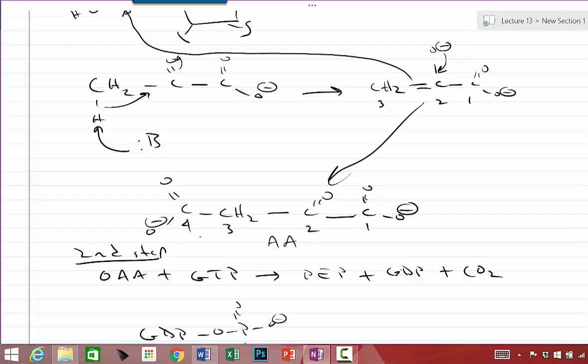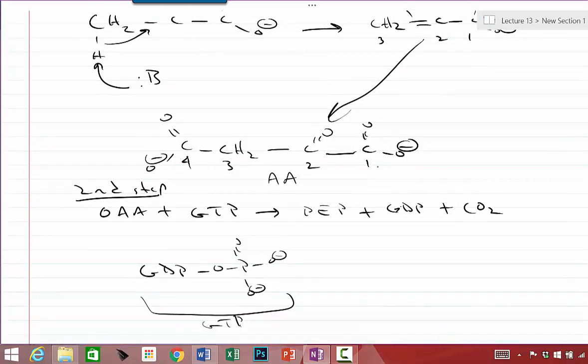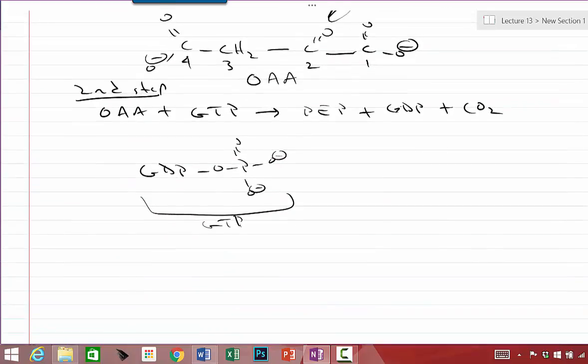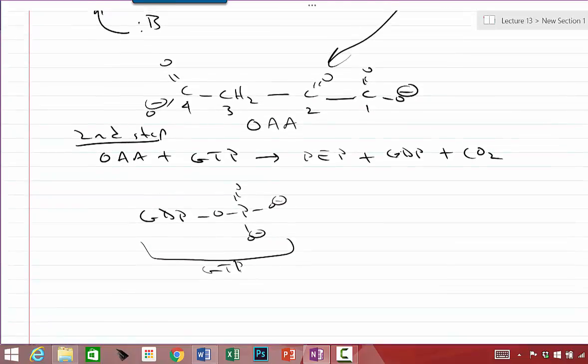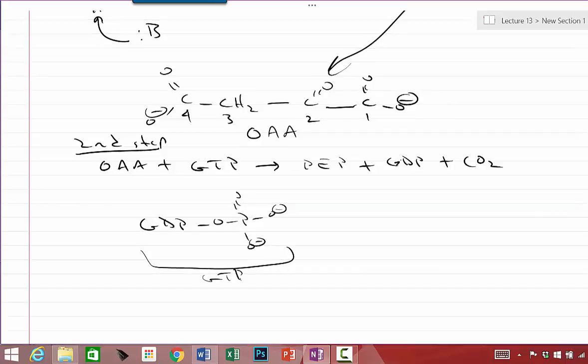Okay. Sorry about that. So that's oxaloacetate. Okay. So next, how am I going to do this? I'm going to redraw oxaloacetate.